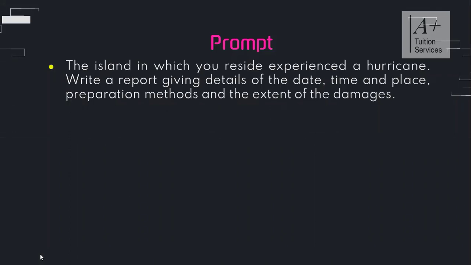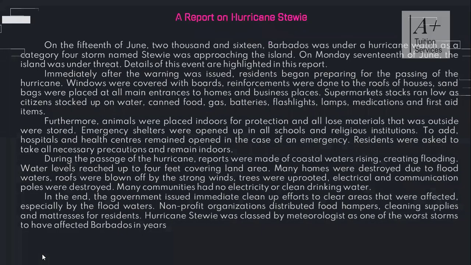So we have the prompt now. The island in which you reside experienced a hurricane. Write a report giving details of date. So what were they asking for? Date, time, place, preparation methods, and the extent of the damages. Okay, so we need to include that in our report.